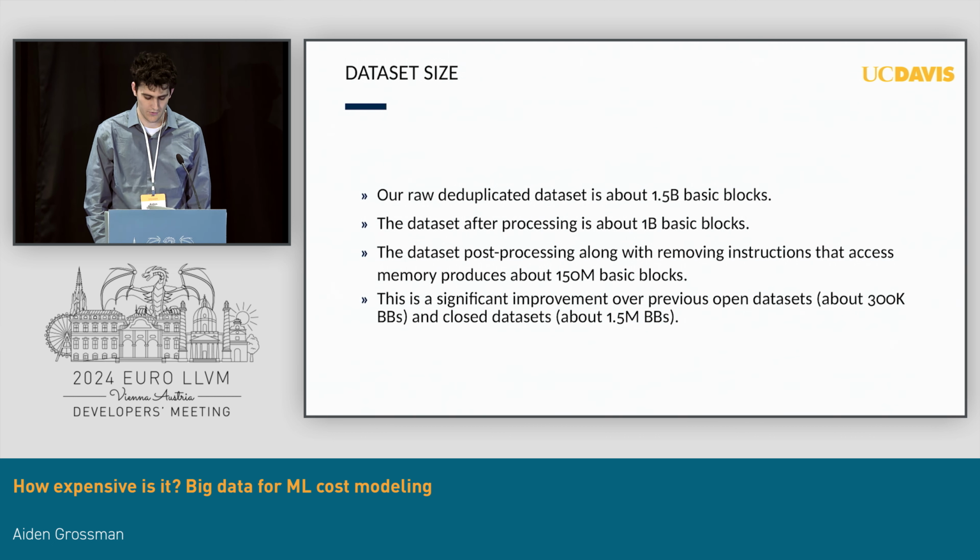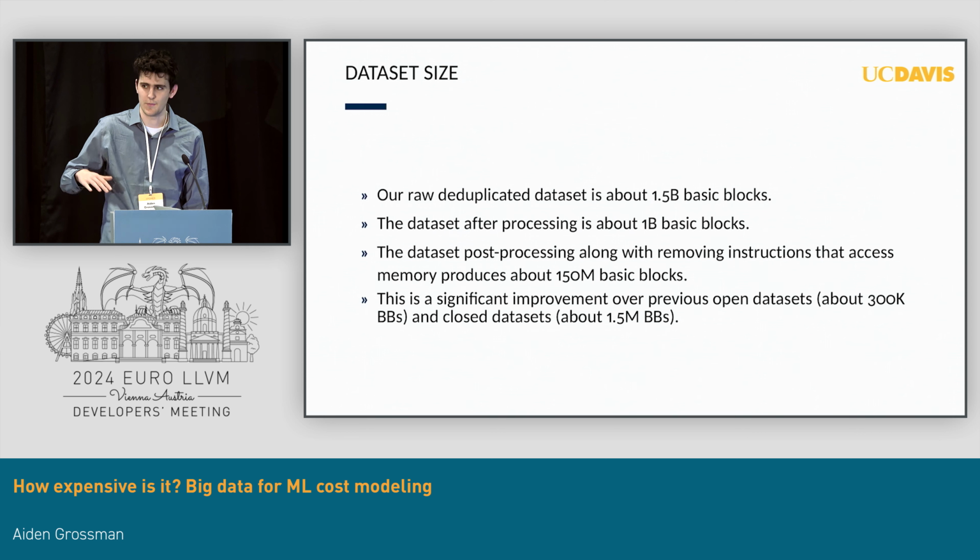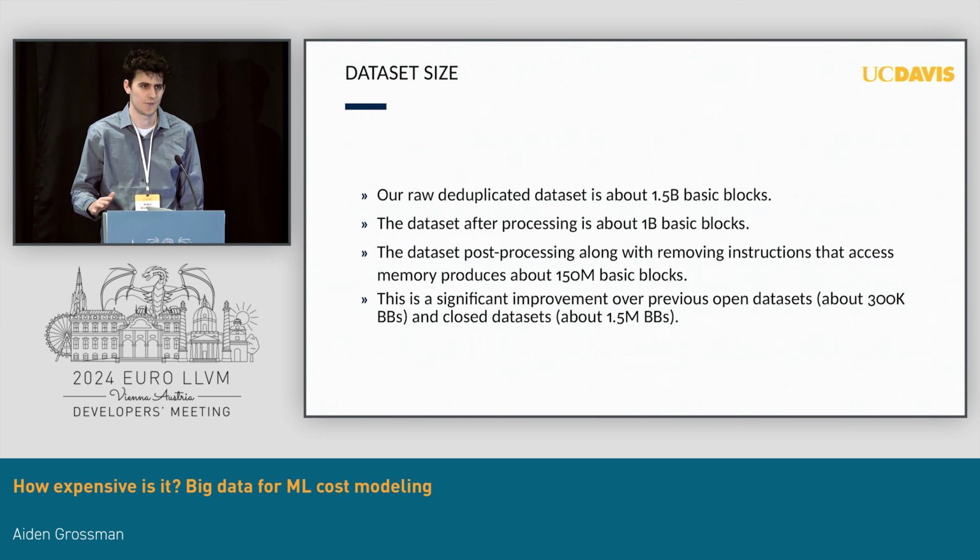Then post-processing to remove memory accessing instructions for the preliminary experiments, we end up with about 150 million basic blocks, which is still about two orders of magnitude more than previous data sets. The biggest previous open data set is about 300,000 basic blocks, and the previous biggest closed one, which couldn't be opened because it has SPEC in it, was about 1.4 to 1.5 million basic blocks. So even without significantly limiting the data set size for simplicity in initial experiments, it's still significantly bigger.